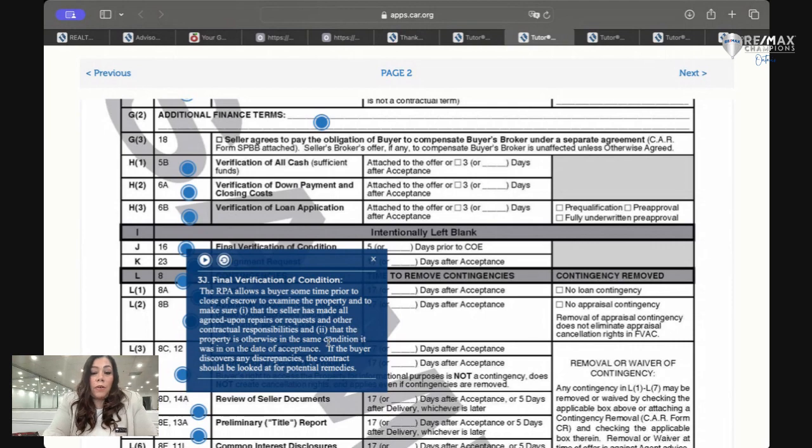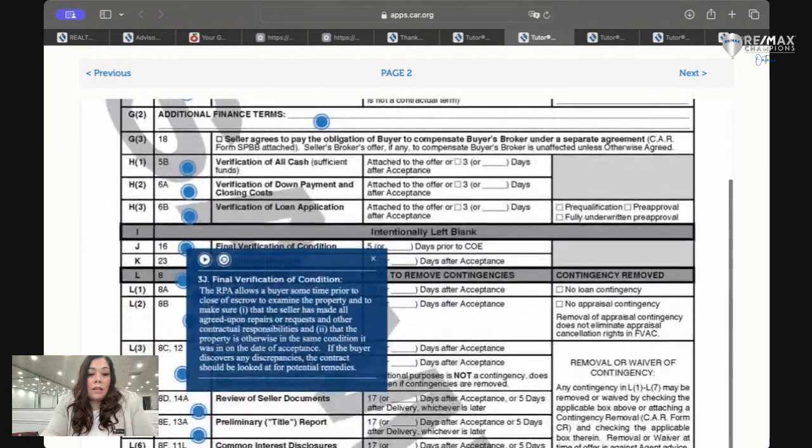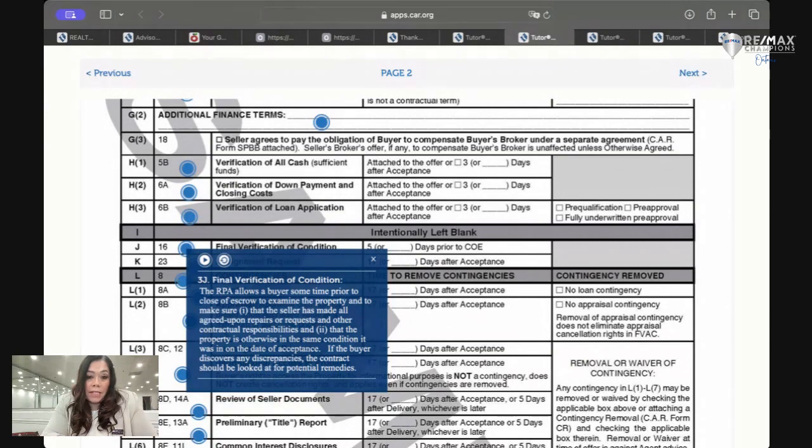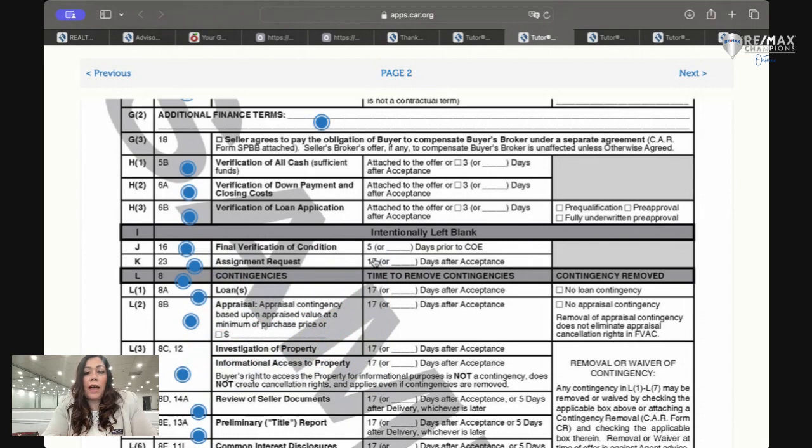If the buyer discovers any discrepancies, the contract should be looked at for potential remedies. So we all know that, and this is, per Rod, a final verification is not a contingency of closing. A final verification is exactly as it says, to verify that the repairs were done to their acceptance.